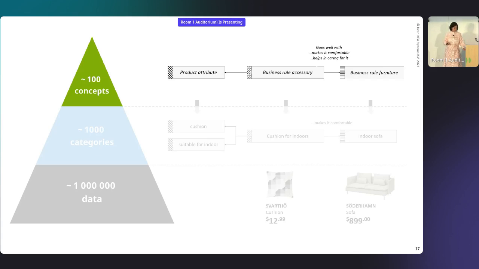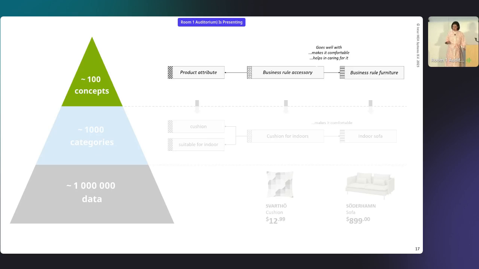I mean, we have products defined in the ontology layer as well, but we also define that there exist these different kinds of product attributes, like material or the shape of the product, or maybe its color, etc. So different kinds of product attributes exist. And then we have the type for the business rule for accessories, so the products that go well with furniture. And we have also business rules for furniture.